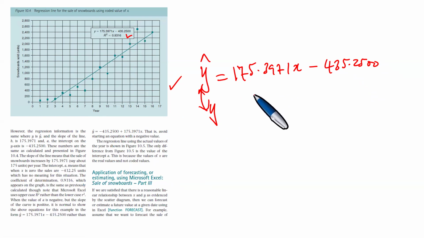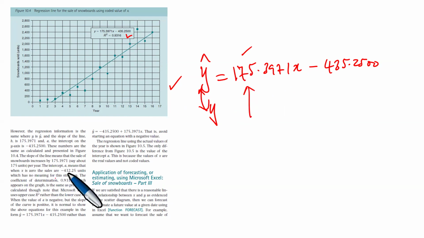But I want us to discuss the significance of these values. What does the 175 mean in relation to the slope of the line? These numbers are the same as calculated in 10.4 above. The slope of the line means that the sale of snowboards increases by 175.3971, say about 175 units.